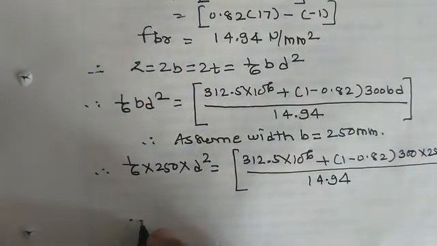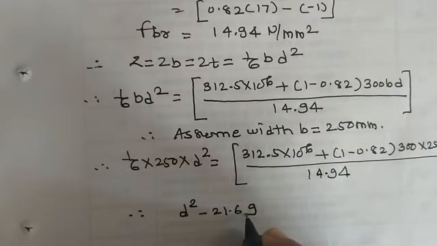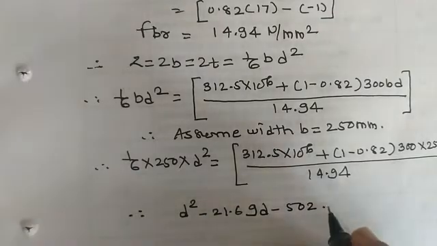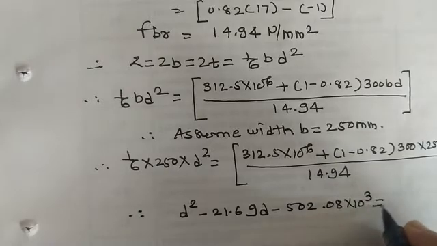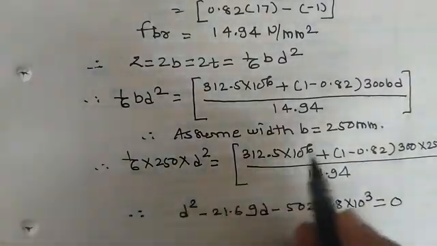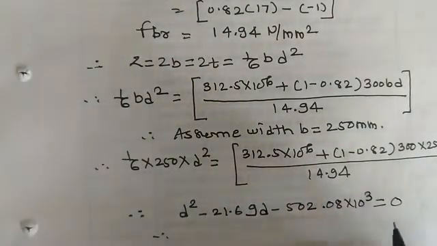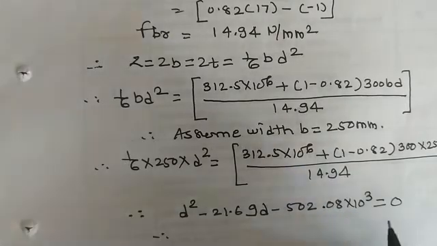After simplification, we get one quadratic equation. It is d square minus 21.69d minus 502.08 into 10 raised to 3 is equal to 0.